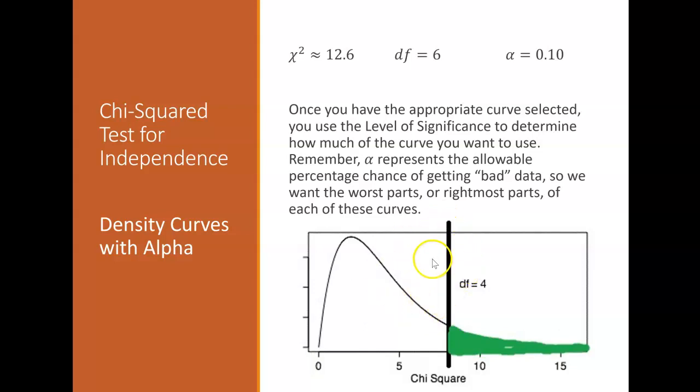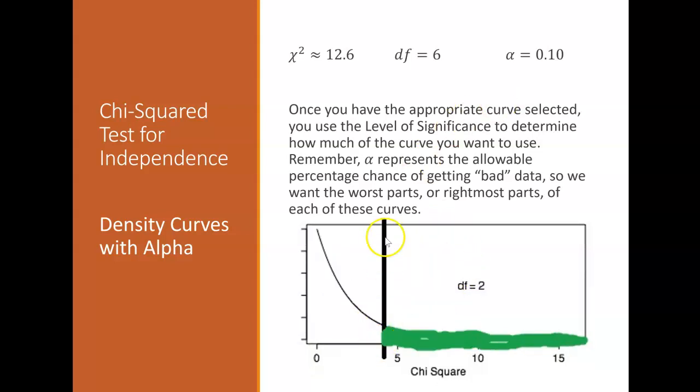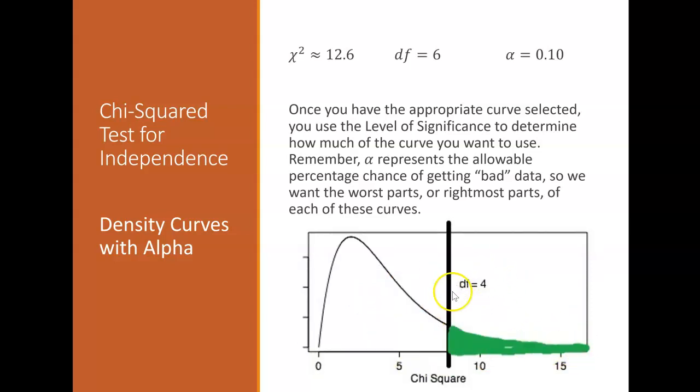So again, at the same level of significance, the chi-squared critical value will change dramatically depending on the shape of the distribution. Remember, the shape is dictated by the degrees of freedom. So this is the same level of significance for 2 degrees of freedom versus 4 degrees of freedom. Look at how the chi-squared critical value is changing.